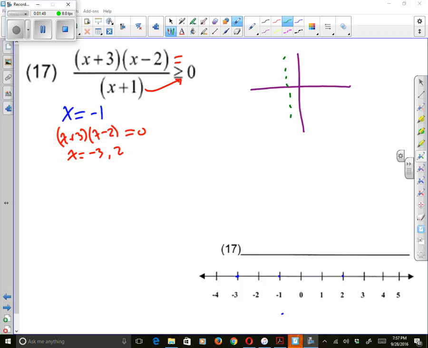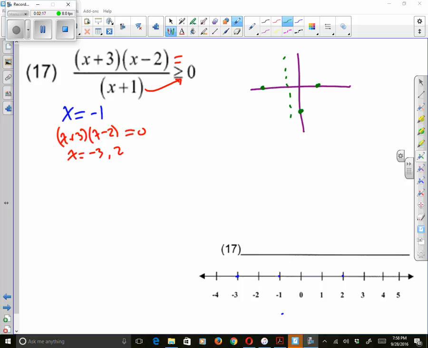So down here someplace, we know we've got intercepts at -3 and +2. There's no horizontal asymptote, because you've got an x squared up top and an x down in the bottom.